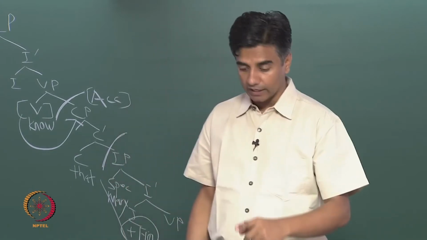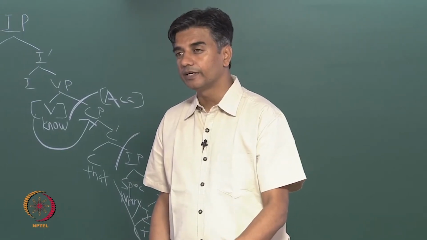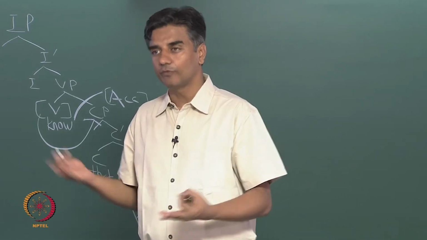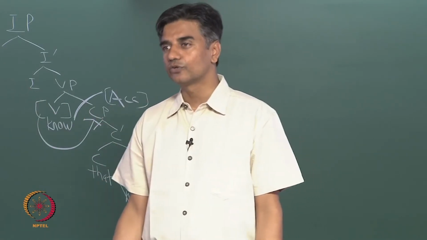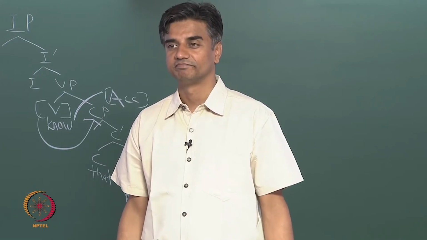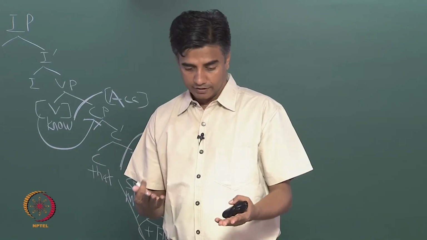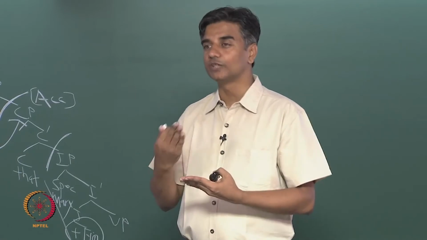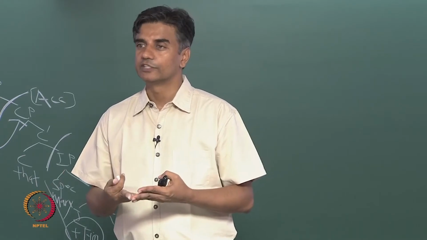And this is the reason why we must have a complementizer for in this sentence. If we don't have the for in this kind of a sentence, then the sentence is not good. Can we say her to laugh is difficult? We can't say this kind of sentence because, and now I hope you can see the point with clarity, the reason why we are unable to say her to laugh is difficult or she to laugh is difficult, these sentences are not allowed because there is no case assigner.